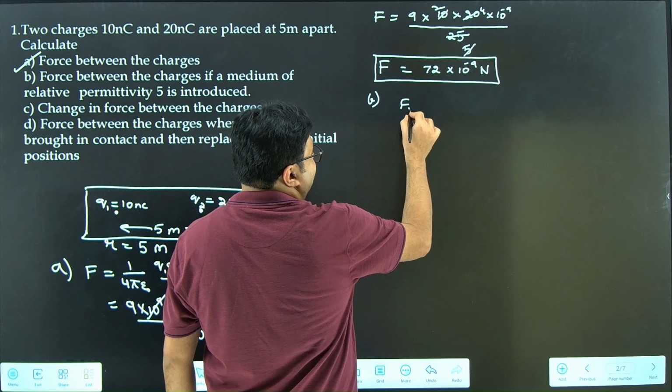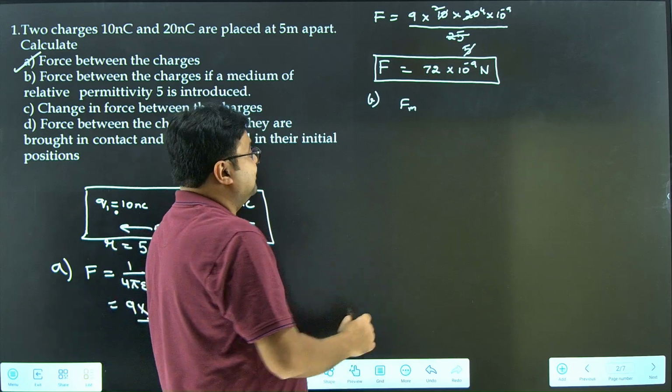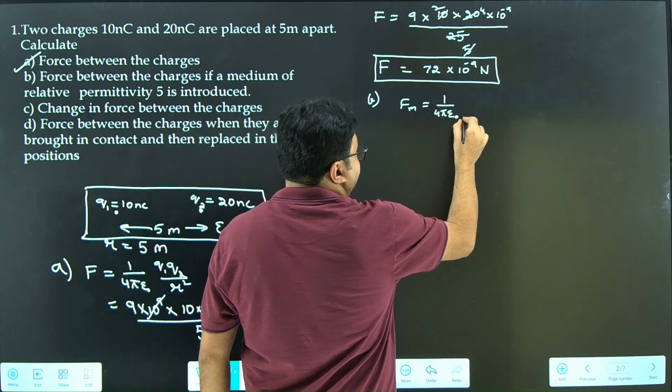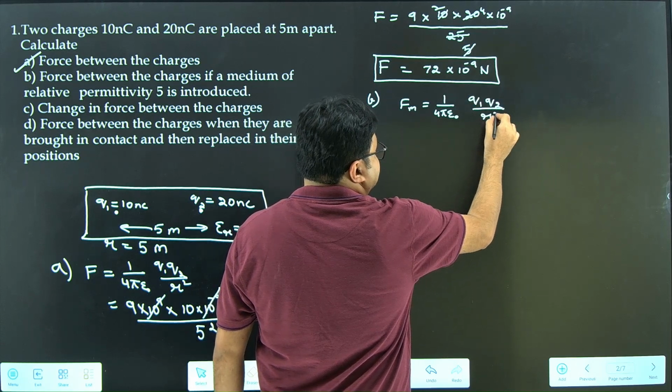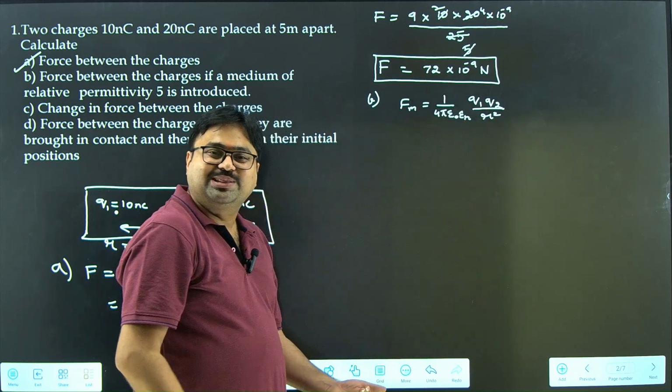Let me call that Fm. Fm means the force between the two charges when they are kept in a medium. It becomes equal to 1 divided by 4 pi epsilon naught, Q1 Q2 divided by R square. In addition to this old formula, there is an epsilon r also in the denominator.